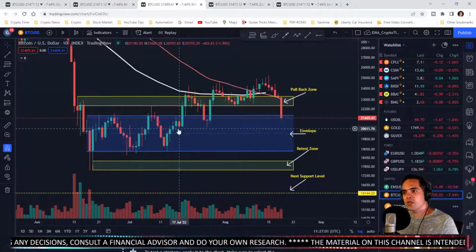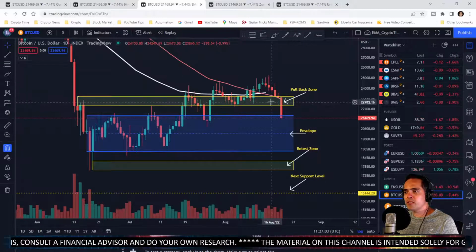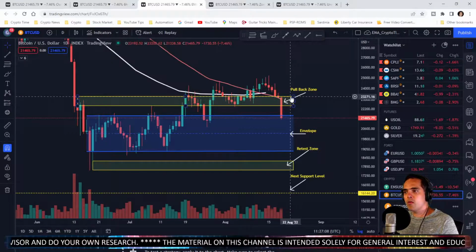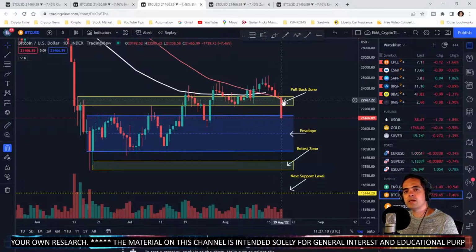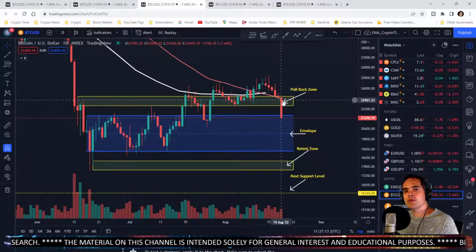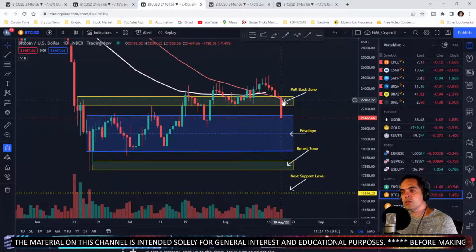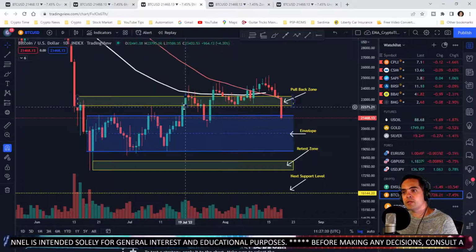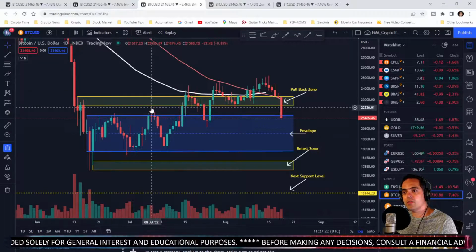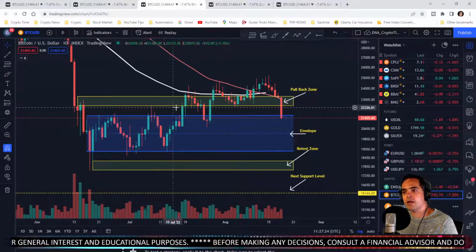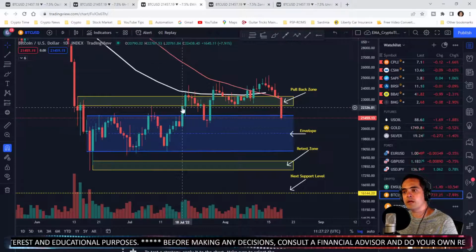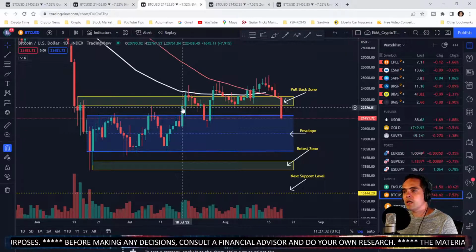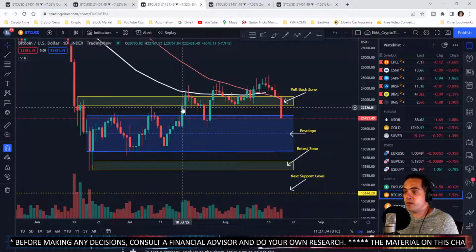Then we have this yellow rectangle, this upper rectangle here, which we call the pullback zone, which basically is the expected region where the Bitcoin price would go and reach. All right, so that happened here on 8th July as well as the 18th July. It was the first two times the price hits that zone.